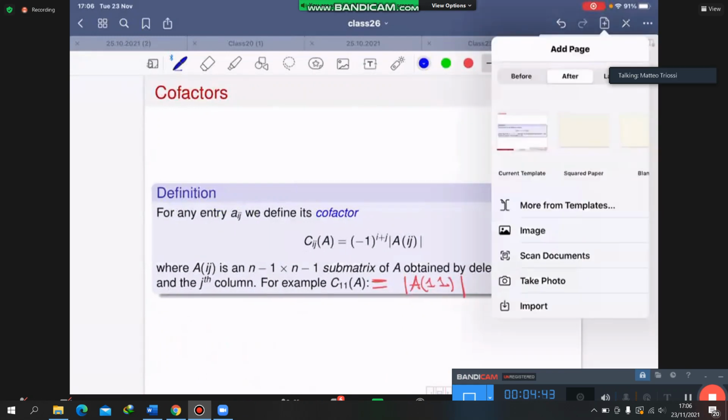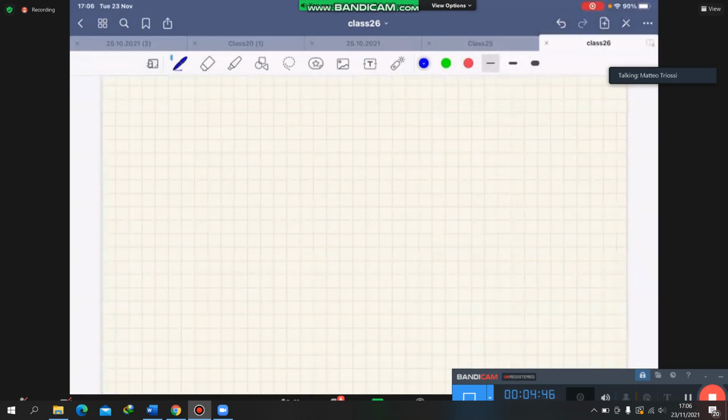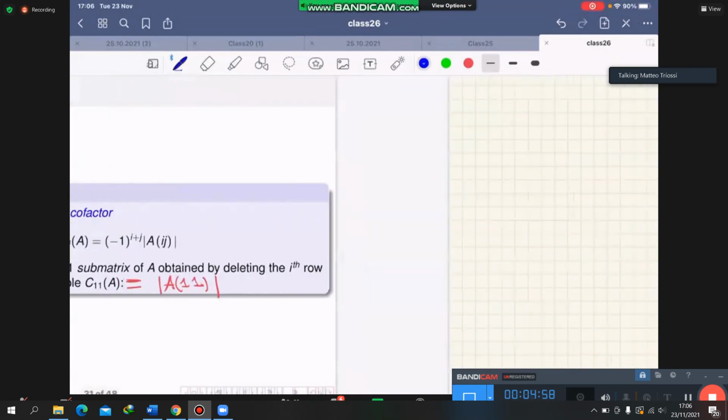Let me compute the matrix of the cofactors for a 2 by 2 matrix. Let me see, IJ.